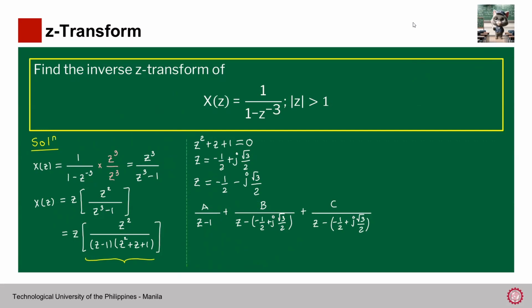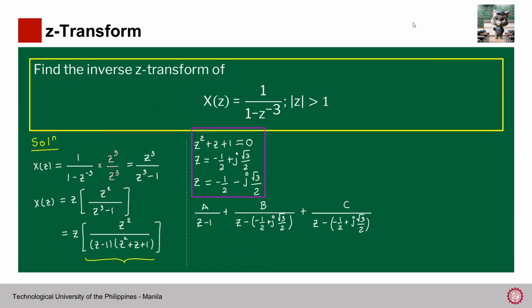That is our expression, guys. We will find the partial fractions, I mean, we will find A, B, and C. Let me put a box here to indicate, guys, that this was only used to find the roots. We only found the roots there.